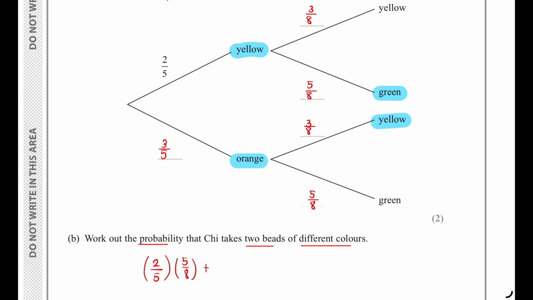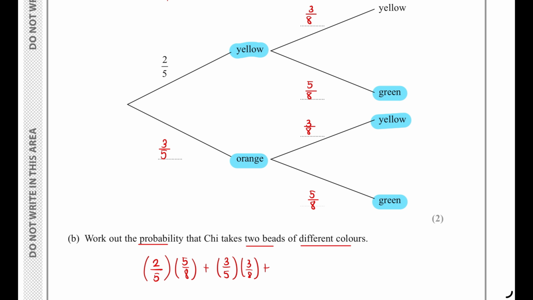So it will be 3 over 5 times 3 over 8, and then plus orange and green.